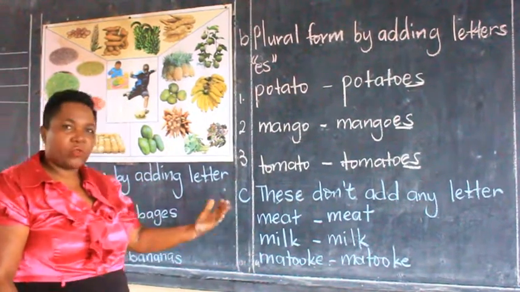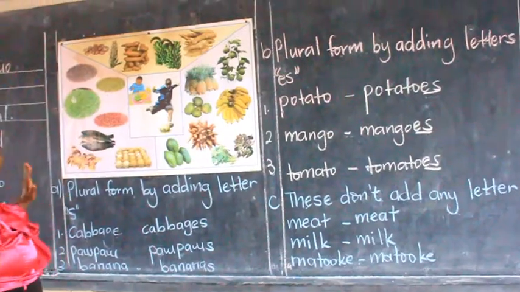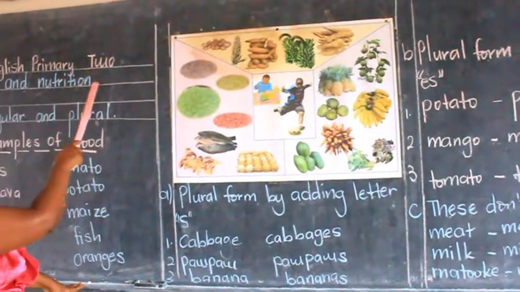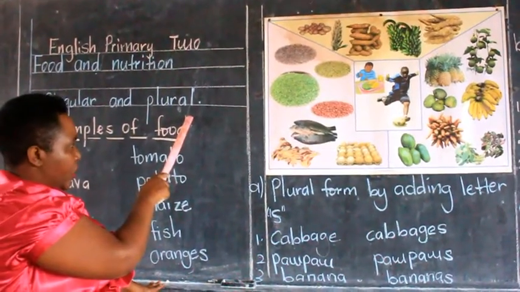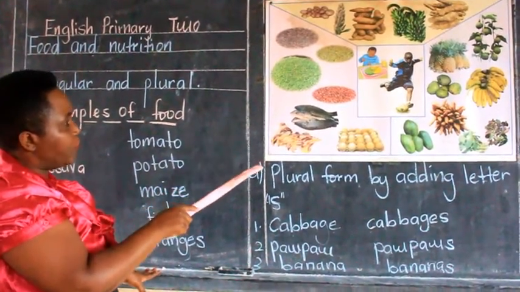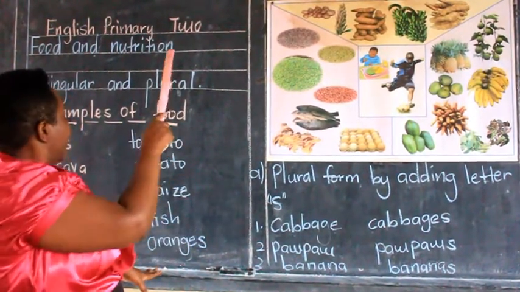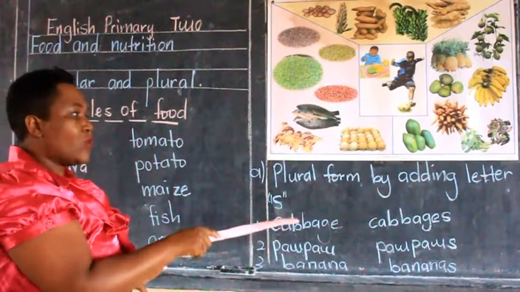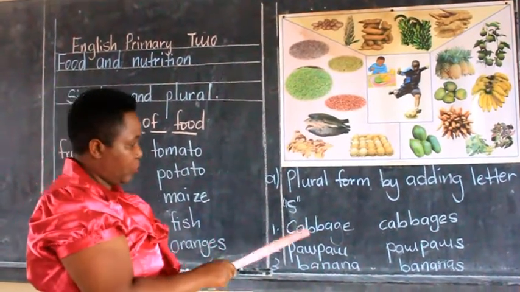So let us review what we've seen today. We have said that today we are looking at food and nutrition, and in particular we are looking at the singular and plural. And we have said when we are forming the plural form, they are formed mainly here in our class. Remember, this is primary 2. We are looking at the three different ways we can form the plural form.